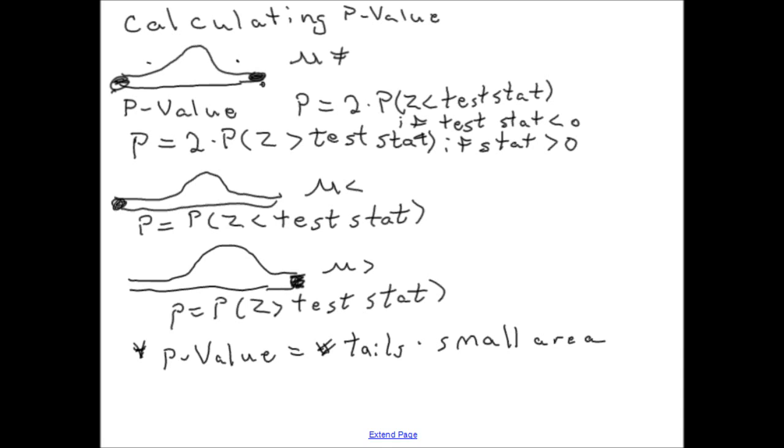So up here in the first one, 2 times that area. In the second one, well, it's one-tailed, 1 times that area. In the third type, 1 times that area. It's just in the greater than, you can use the idea of symmetry.